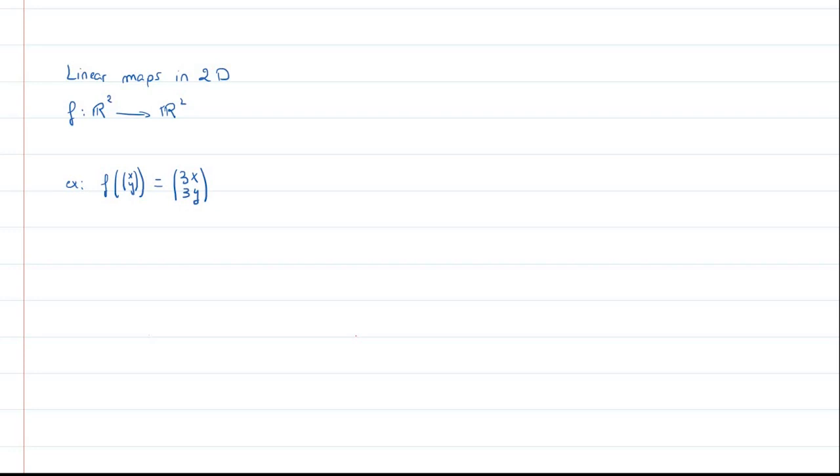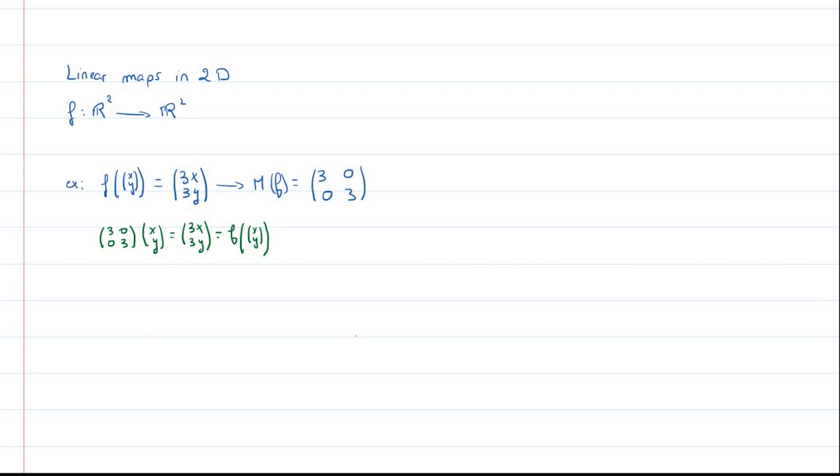As you know, any linear map between finite dimensional spaces can be represented by a matrix. So for this example, the matrix can be written as [3, 0; 0, 3]. We can easily see this by multiplying the matrix [3, 0; 0, 3] by any vector (x, y), which will give us (3x, 3y), which is the image of (x, y) by f.